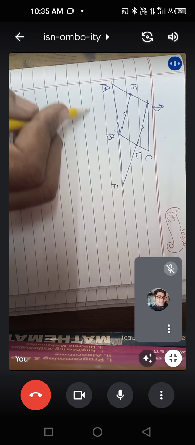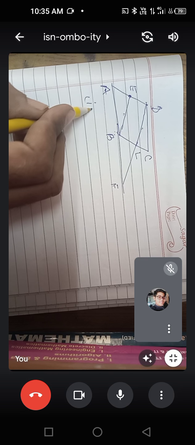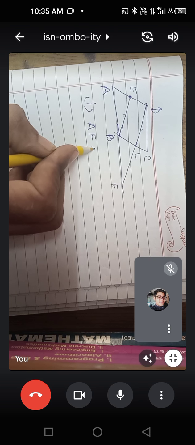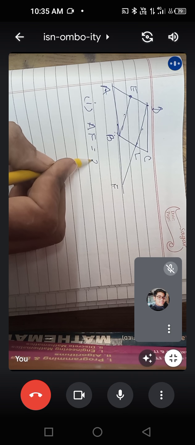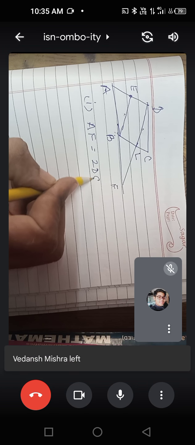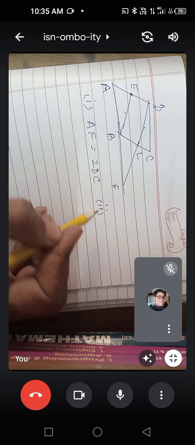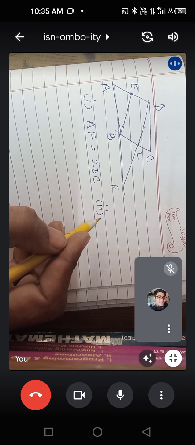Prove that, first, AF is equal to 2 times DC, and second, DF is equal to 2 times DL.